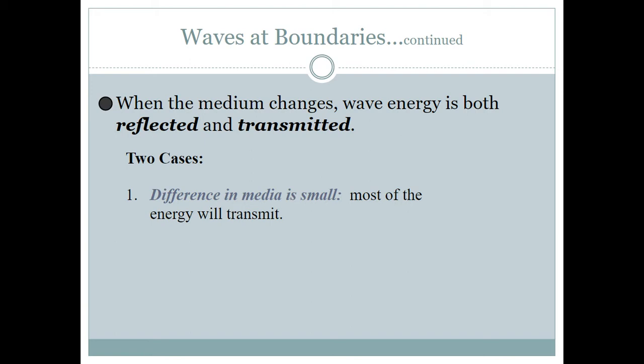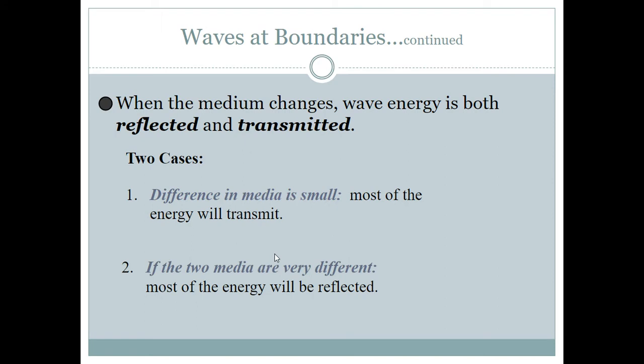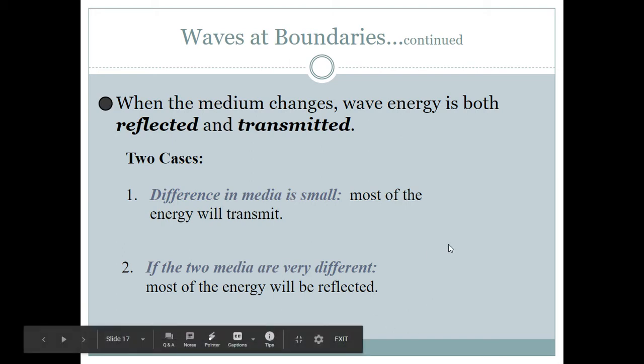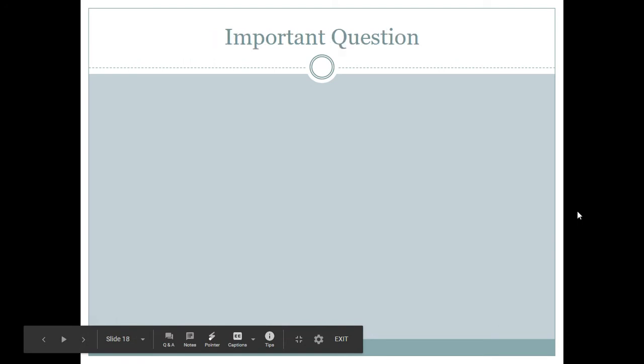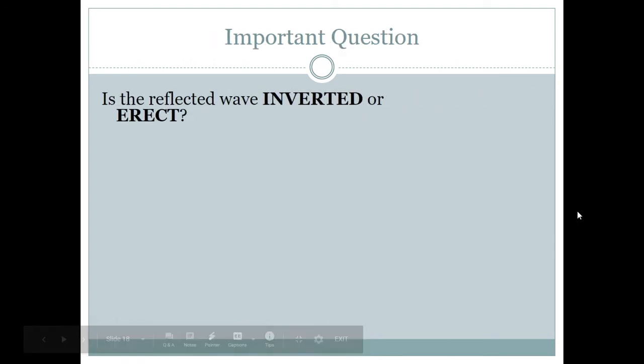Very little reflects back. If you have two media that are very different, like a really, really heavy rope and a really, really thin rope, most of the energy just comes backwards. It gets reflected back and none of it really transmits through. So write that down. And we're going to see a video about that.